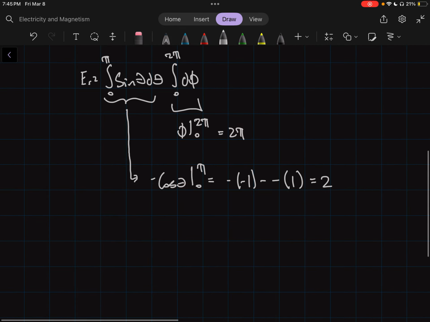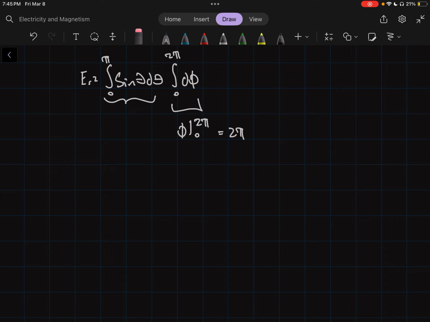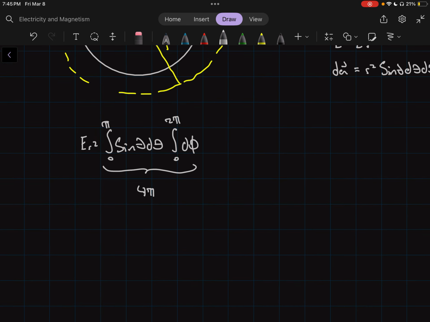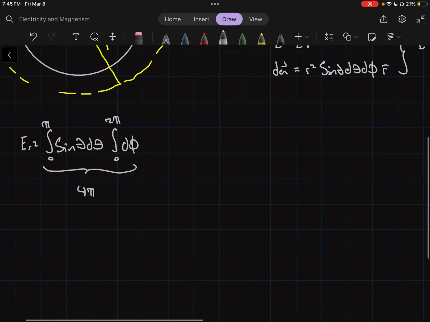So we get 2 and 2 pi, multiply those together, you get 4 pi. So we can say that this whole section right here is equal to 4 pi. These two integrals will come up many more times, but to save time, I'll just cut straight to it and say 4 pi, so I don't have to go through that every single time.